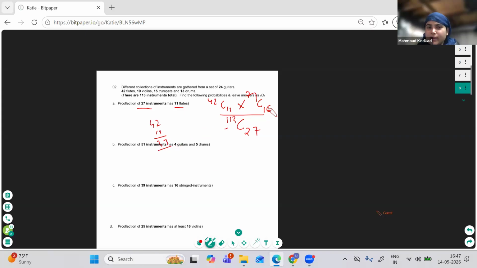But if you pick 16 from 33, you might end up getting some flutes as well, but you only need 11 flutes, and we're already done selecting 11 flutes. So you can only have 11 flutes. Yes. So that's 42 C 11, and then you subtract the whole thing because we don't need any more flutes now. So you get rid of all the flutes now. I see.